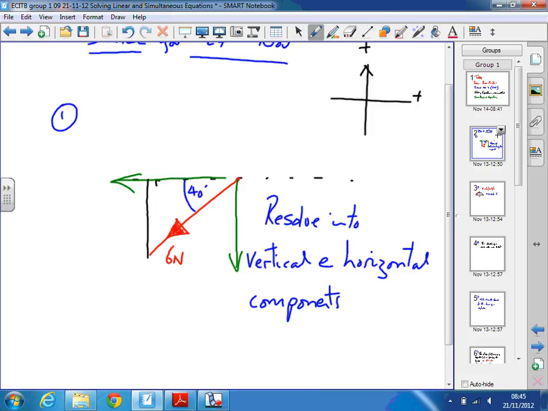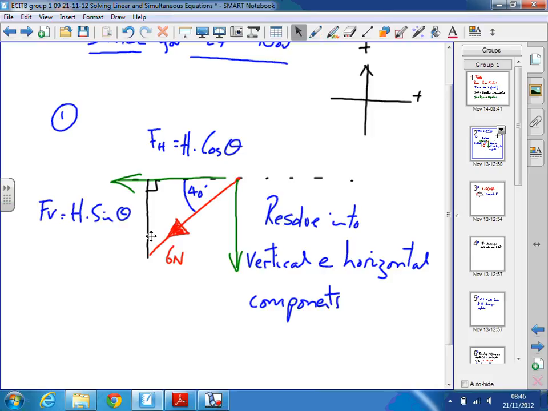And now what I'm after is the length of this side of the triangle, which gives me the vertical component of the force. And that's involved with the opposite side, so it's the hypotenuse times the sine of theta, and the horizontal component is this side, the horizontal side, which is going to be the hypotenuse times the cosine of theta, because it's adjacent to the angle.